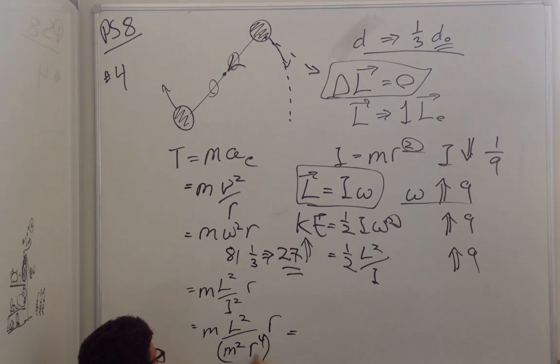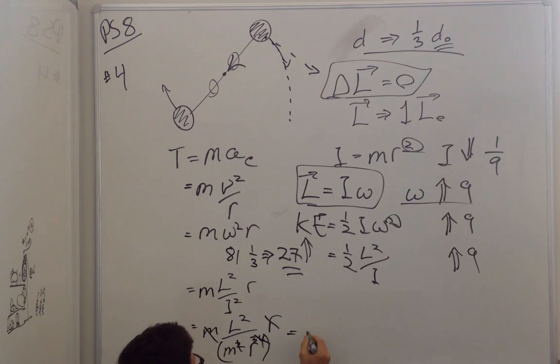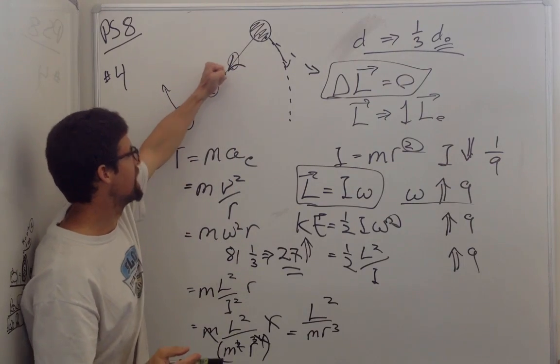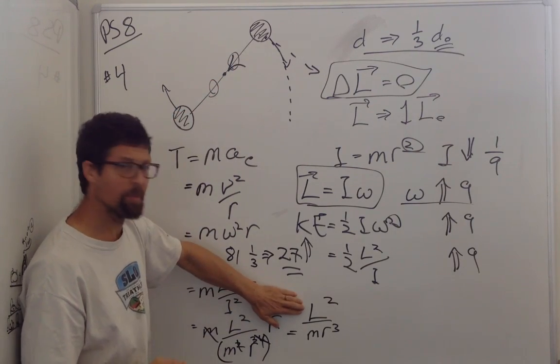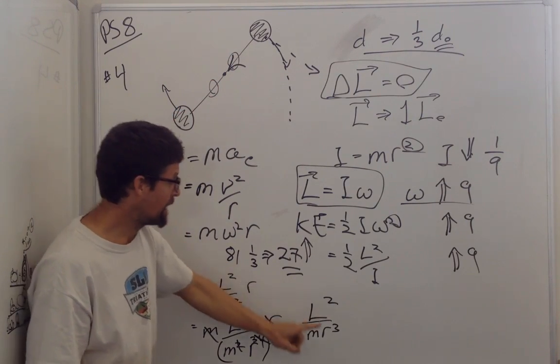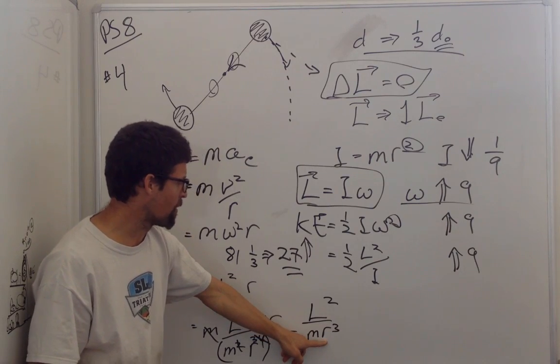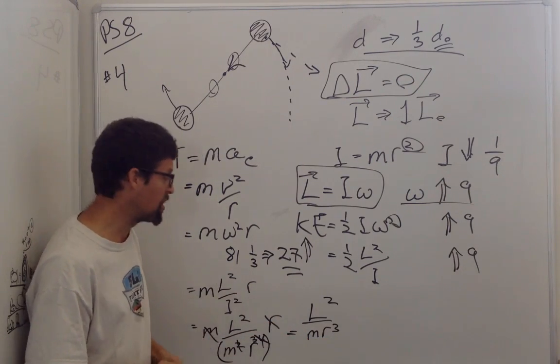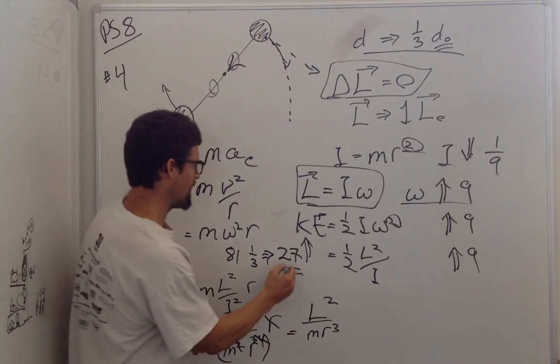So making this substitution, we have m squared r to the 4th in the denominator. This cancels with one of these, this cancels with one of these, and we have L squared over mr cubed. And so this way we can express the tension in the string in terms of something that doesn't change, and see that when the radius gets smaller by a factor of 3, the tension is going to go up by a factor of 3 cubed, or 27.